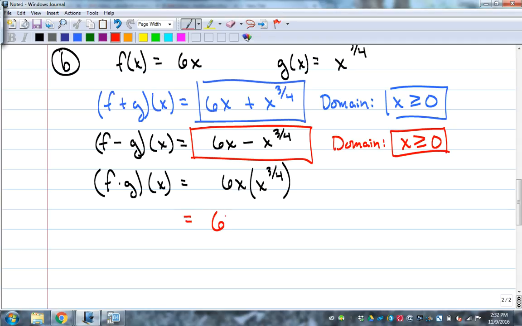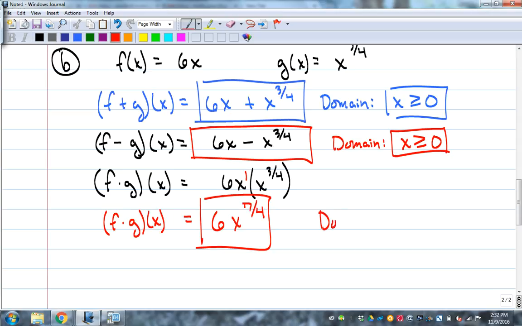I do what with the exponents? I add them because I'm multiplying, right? 1 plus 3/4 would be 1 3/4, which is 7 over 4. So there's my multiplication function.